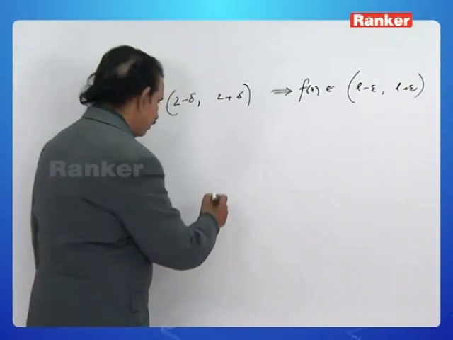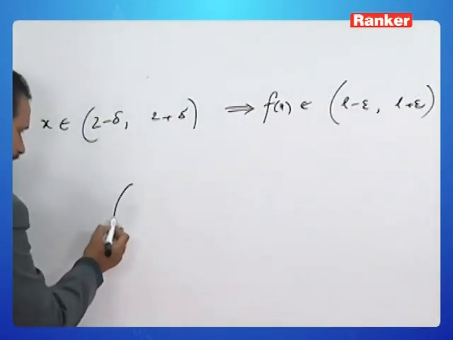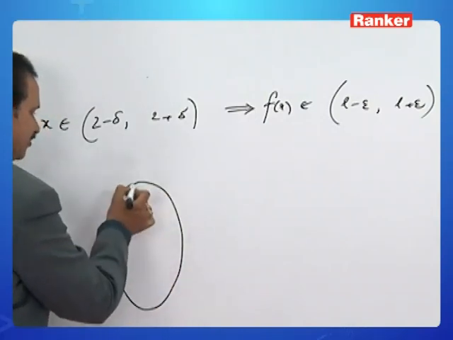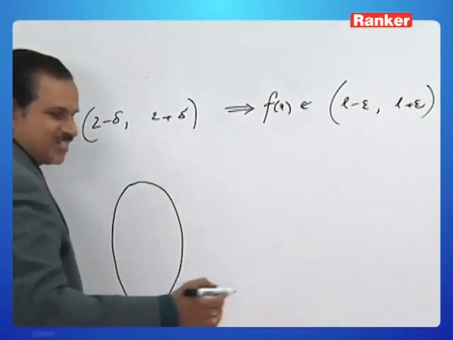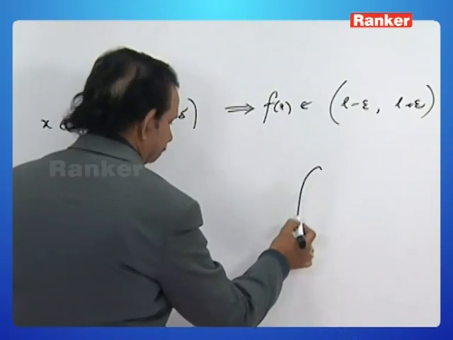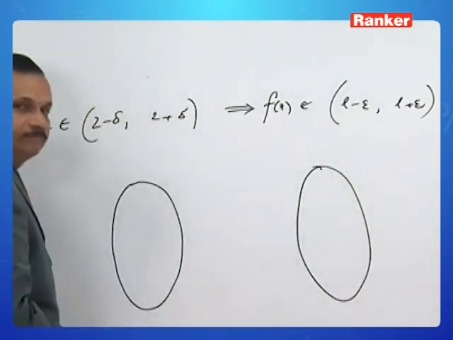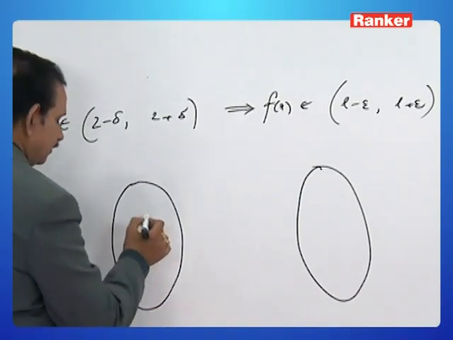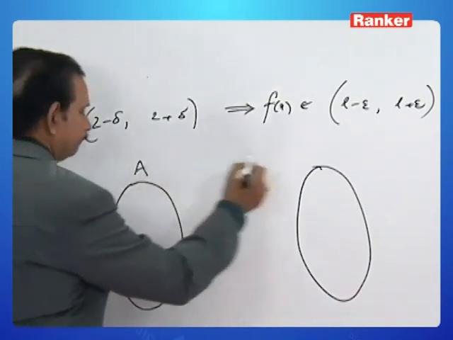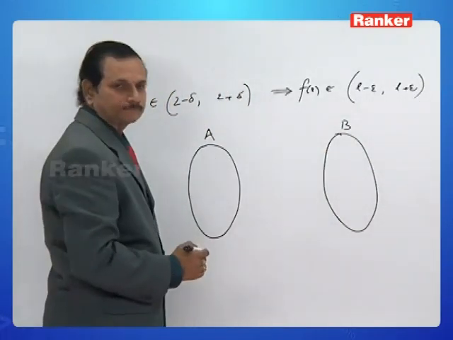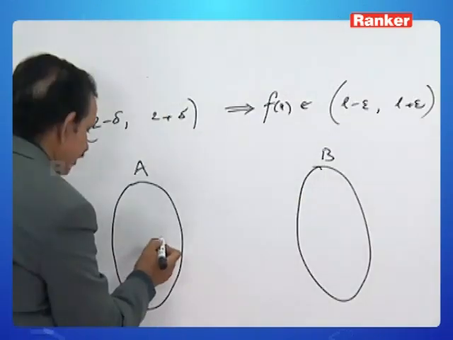Let me now have a pictorial explanation in view of diagrams which we generally use in our 10th class. A, B. This is number 2.